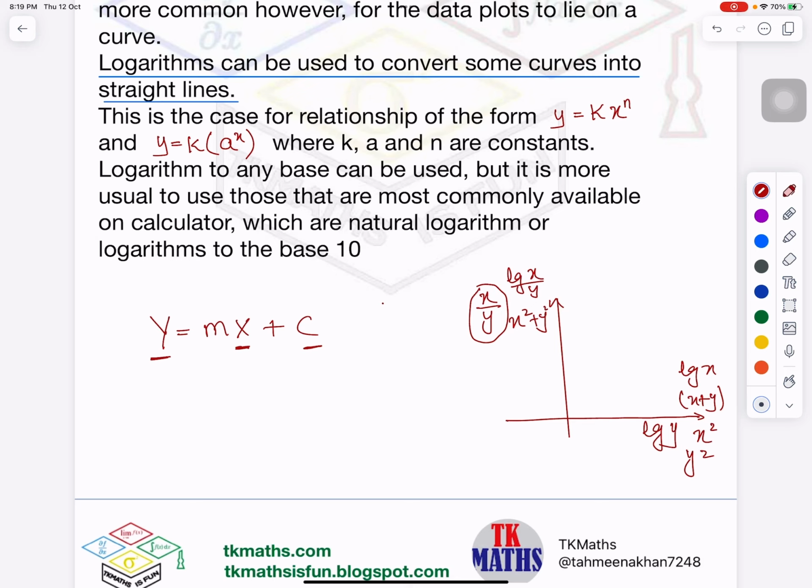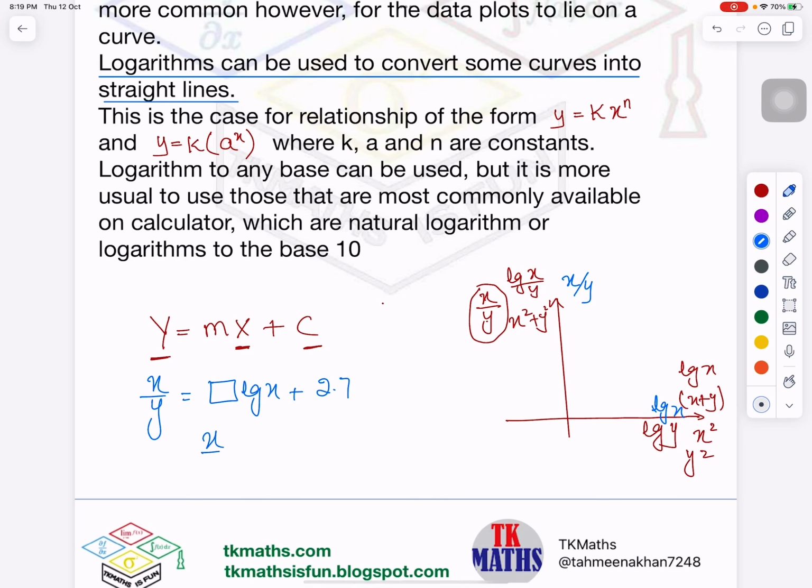For example, I have here x over y, and I have here log x. It means here I will have x over y, m will be some number, and here I will have log x, and this will be some number, for example 2.7.